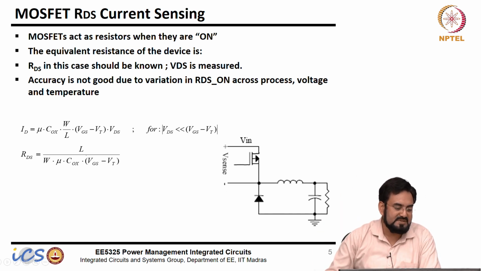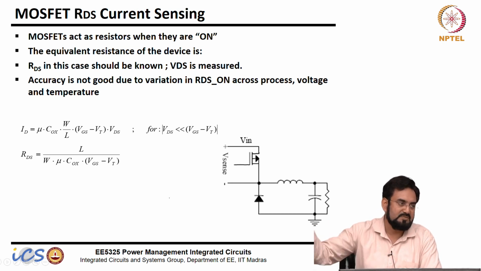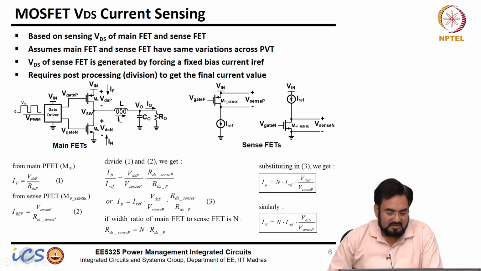So VDD is changed, which means VGS minus VT is changed. Then you will get a different RDS on and it will change everything. So accuracy is not good unless you have a way to calibrate this RDS on across your process, voltage and temperature.